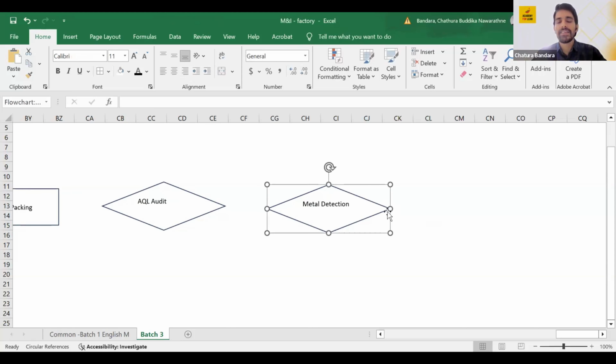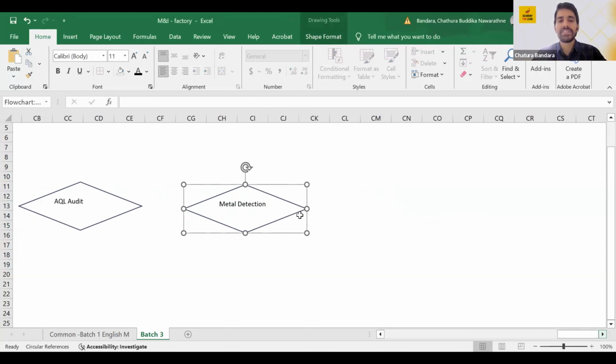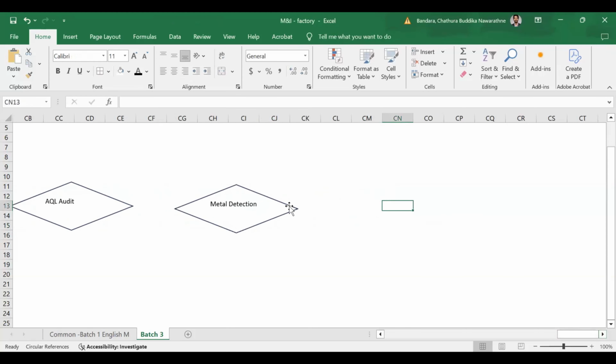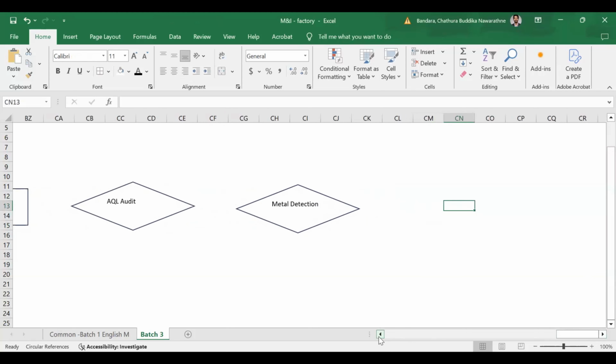Okay. Then after metal detection, what happens? We have a separate machine, Dragon Gate basically.